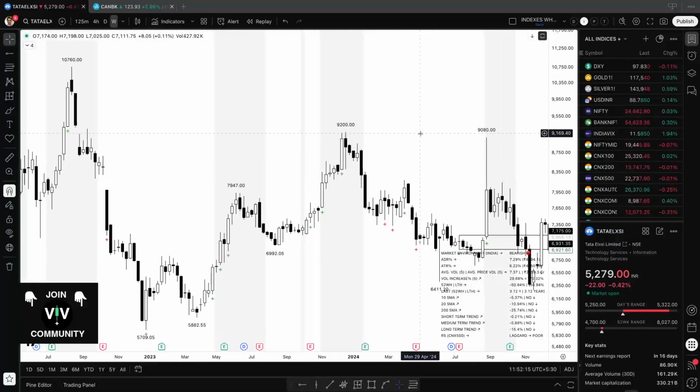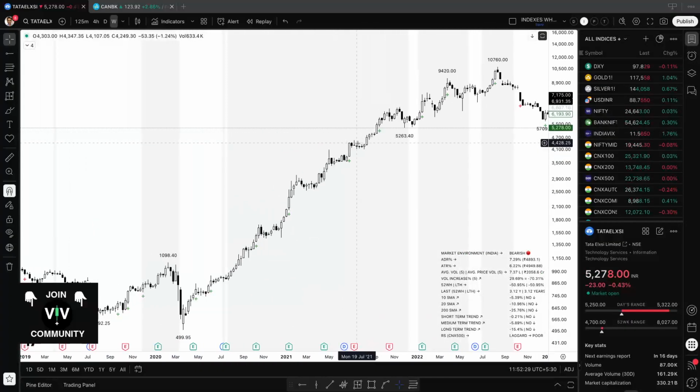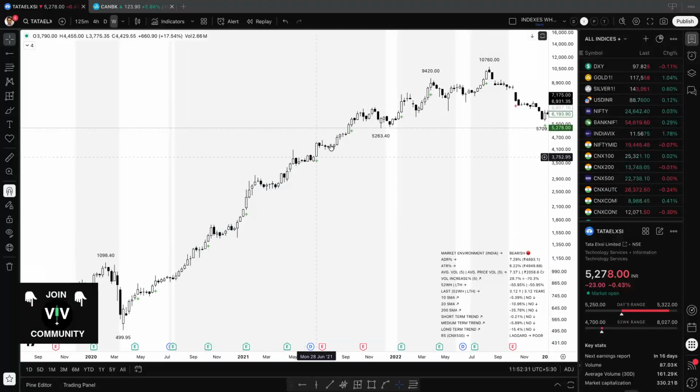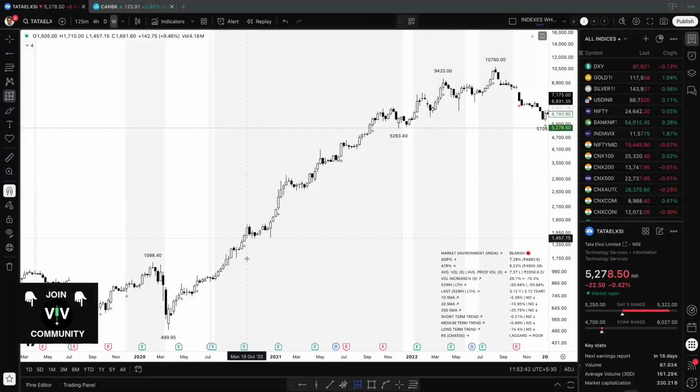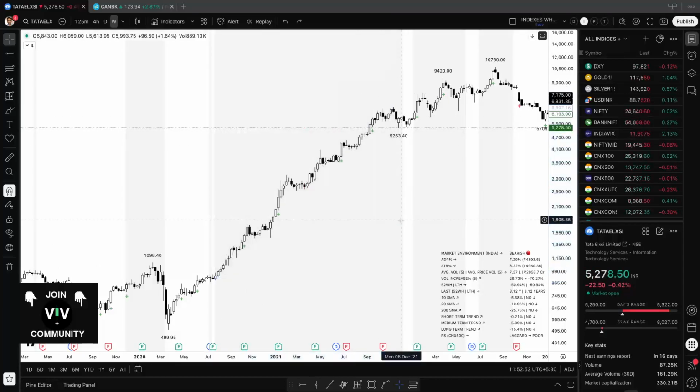Sometimes we also discuss that when the market is very bullish or a big trend is going on, you buy here and make a rule that till my weekly background is not changed, I will hold this stock. You can see how big a trend it started, almost 639% the stock went up.